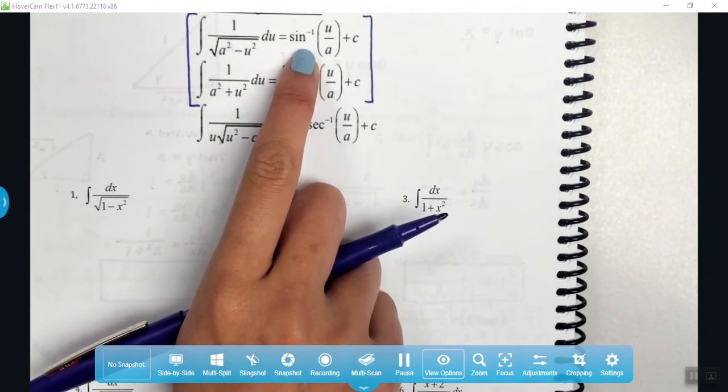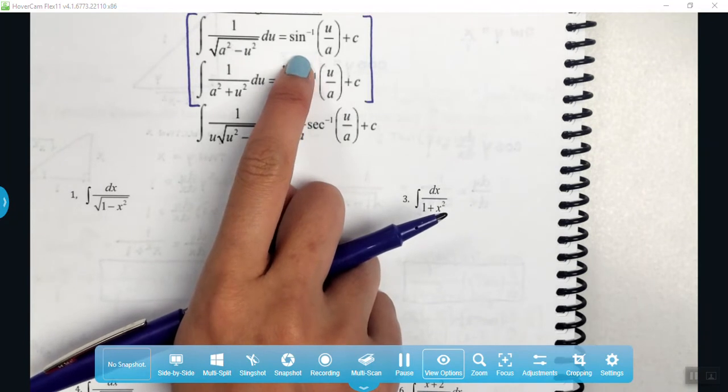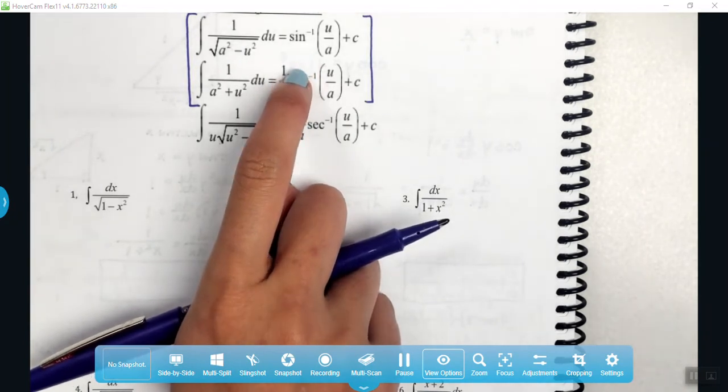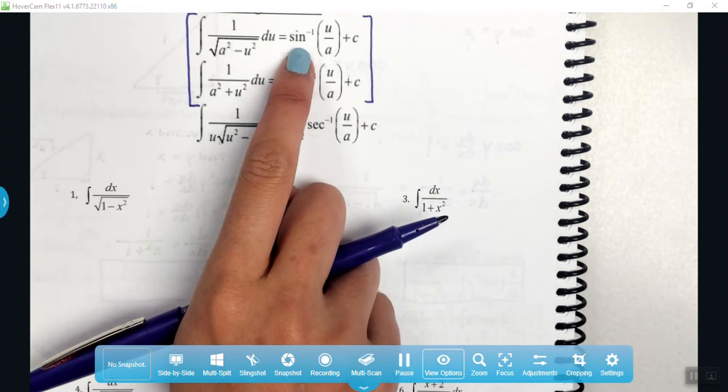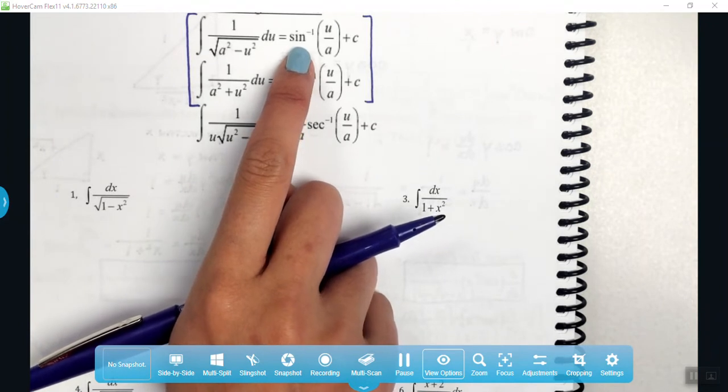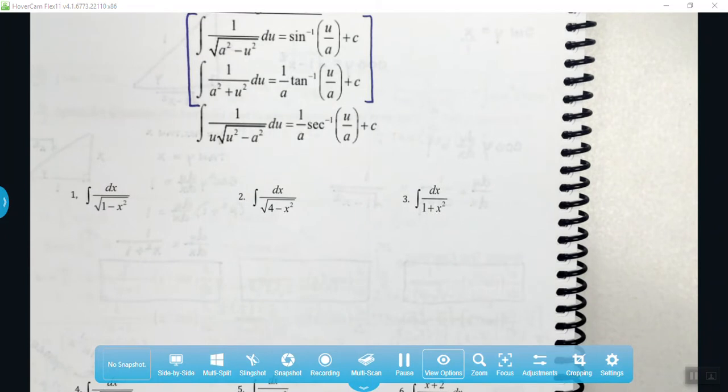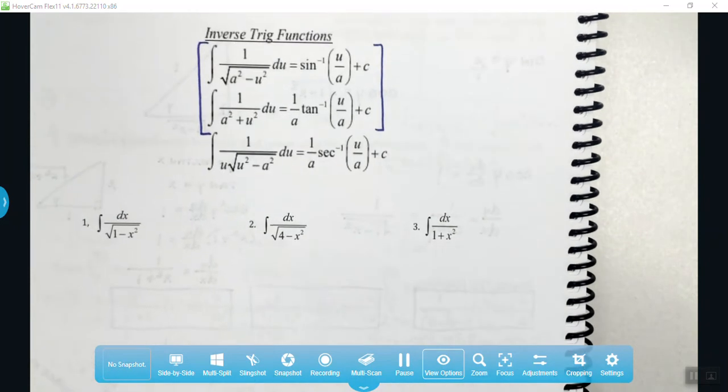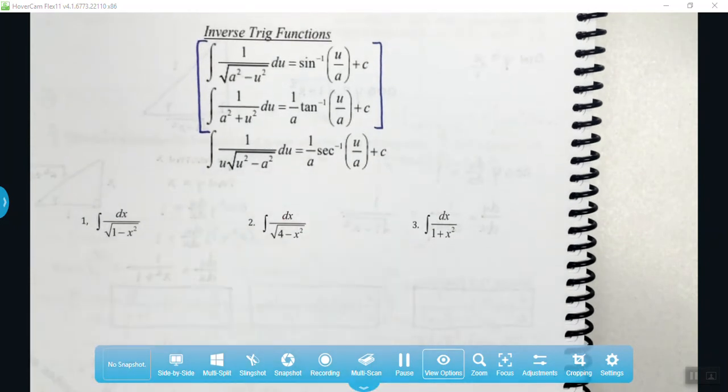The AP people don't want to do that, right? They just want to give you one option for what it could be. So they just make it inverse sine, so that you only have one option for the inverse trig function, not two options. Because technically, you could make this into an inverse cosine if you wanted to. Okay, so all you have to do is remember inverse sine and inverse tangent.